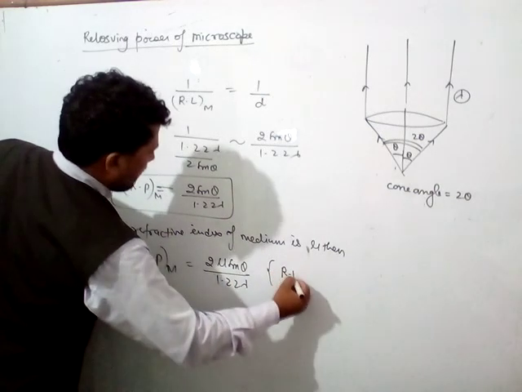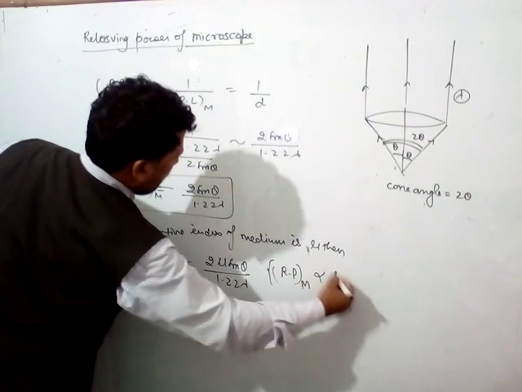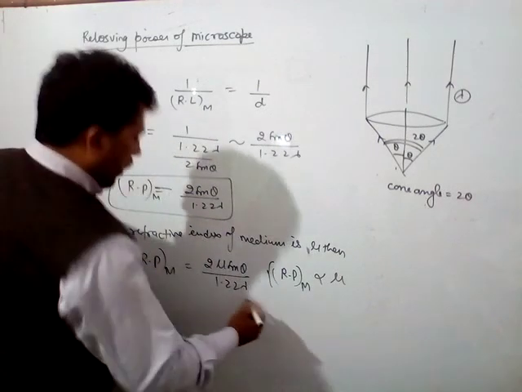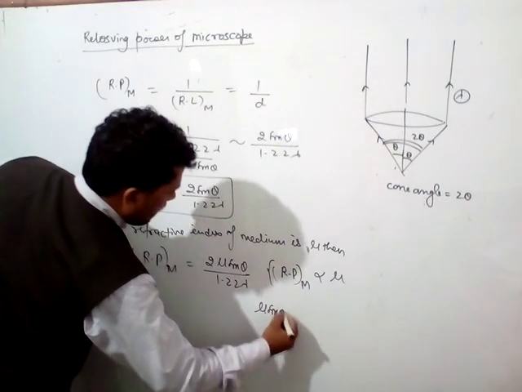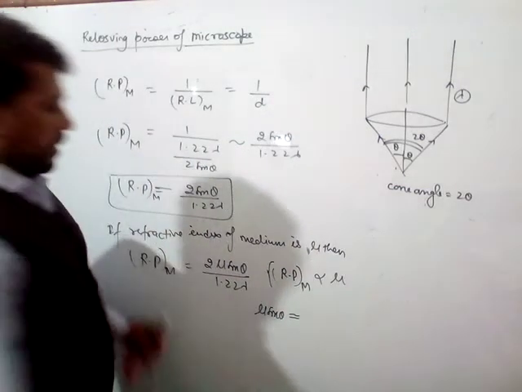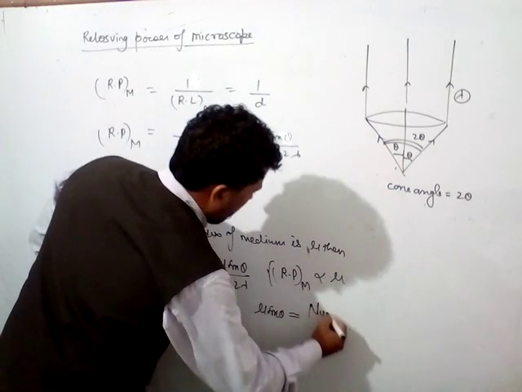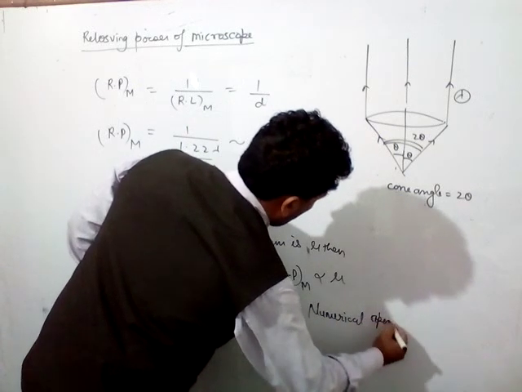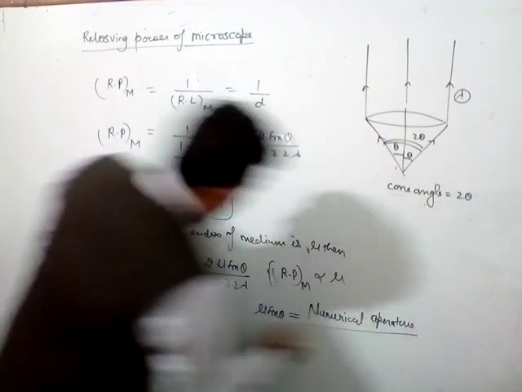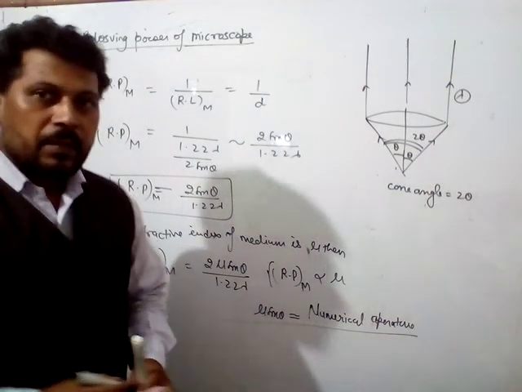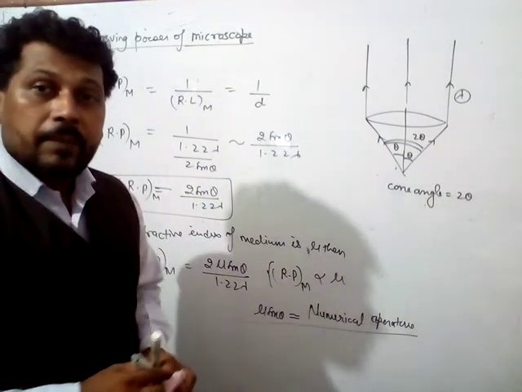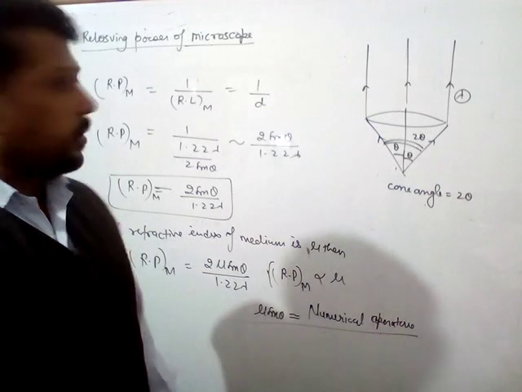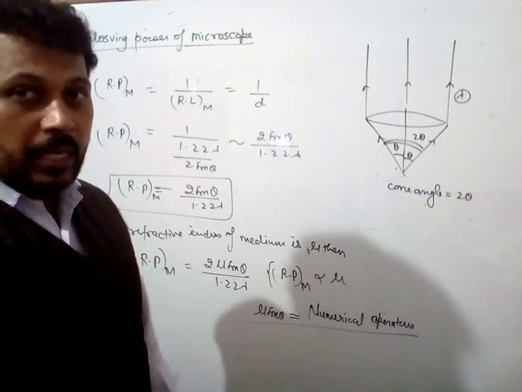Meaning the resolving power of the microscope is directly proportional to mu. Mu sin theta is called the numerical aperture, or simply we can say the resolving power of the microscope is directly proportional to the refractive index of the medium. In this way we can solve for the resolving power of the microscope.